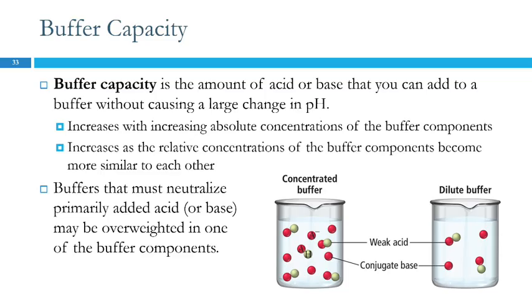So we're talking about buffer effectiveness. The buffer capacity is how much acid or base you can add without causing a large pH change. The amount that you can add will increase with increasing absolute concentrations. The more concentrated your buffer is, the more acid or base it can absorb. It will also increase as the relative concentrations become closer to equal.